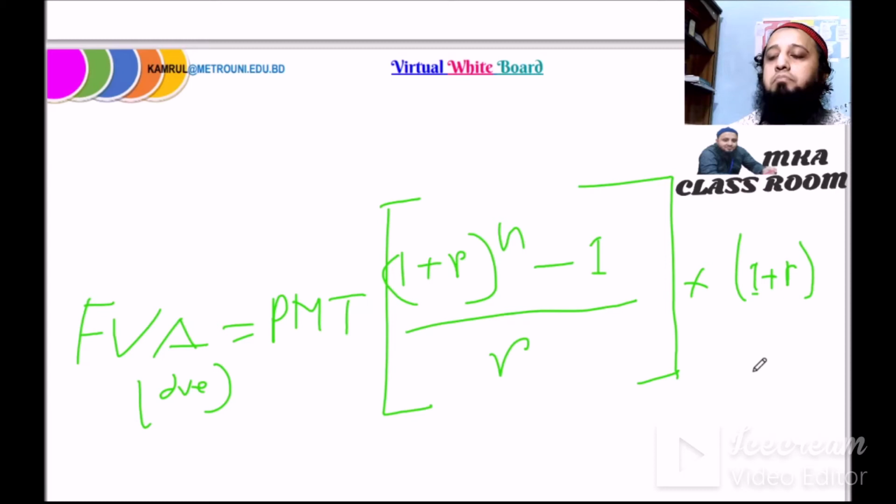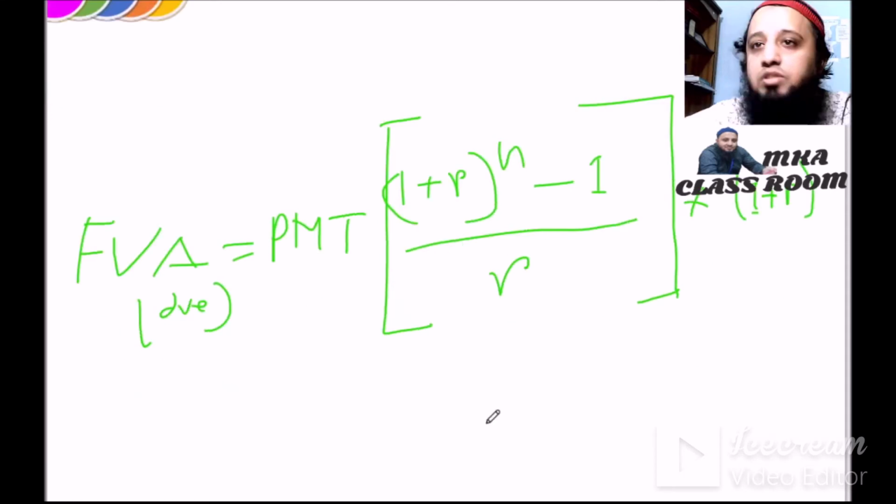That is the formula for future value of annuity due.